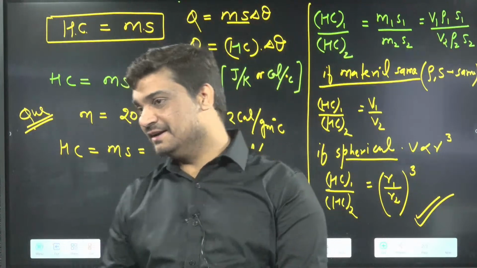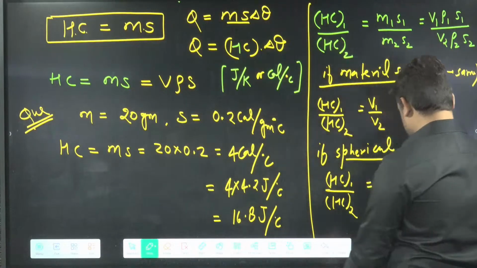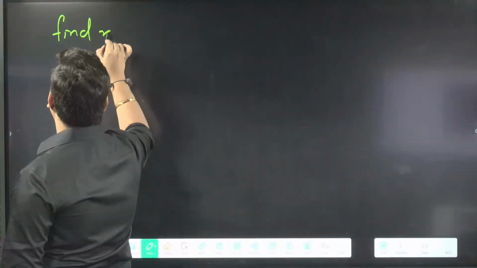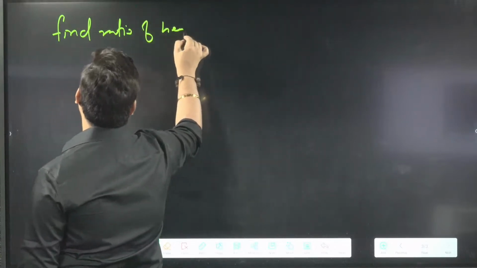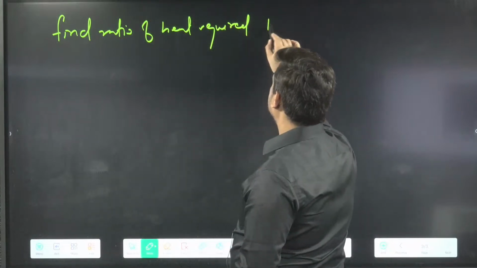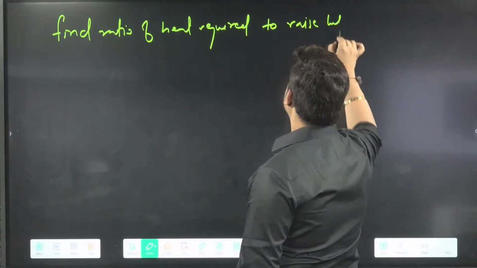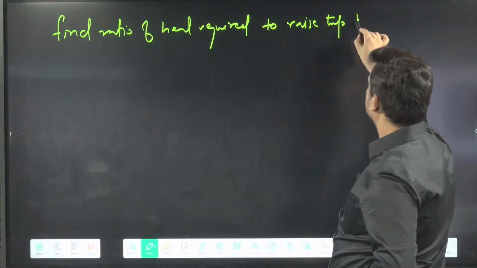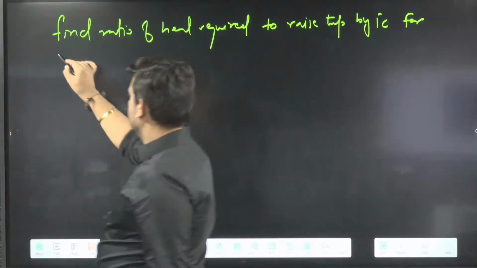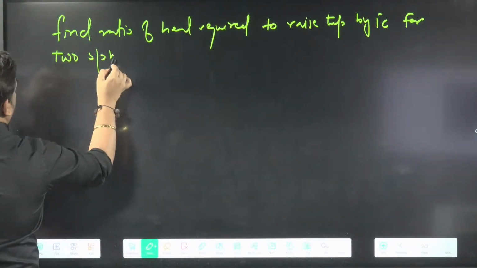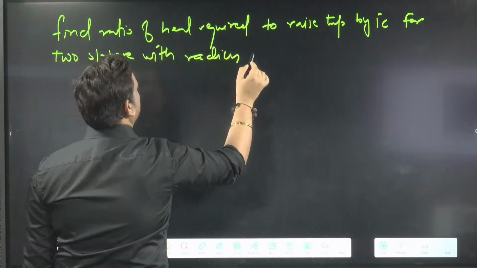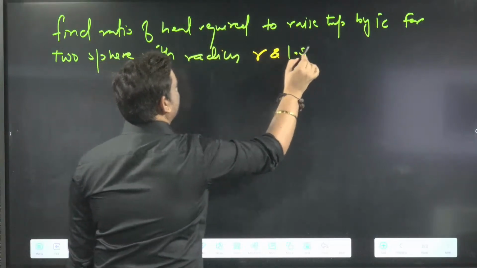No problem. Okay. So the question is: find the ratio of heat required to raise the temperature by 1 degree Celsius for two spheres with radius R and 1.5R.